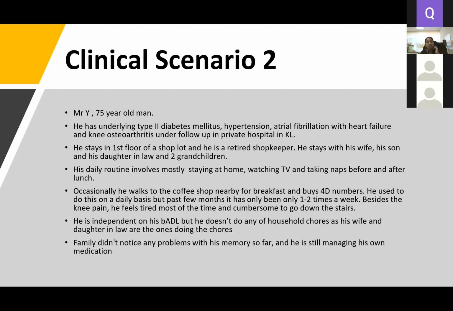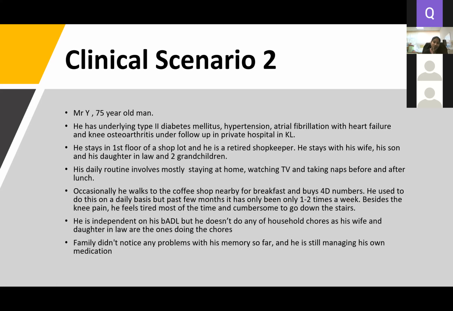Besides the knee pain, he feels tired most of the time, and it's quite cumbersome for him to go down. He's independent in his BADL, but he doesn't do any household chores, as his wife and daughter-in-law are the ones doing the chores. Family didn't notice any problem in his memory so far otherwise. So just take a few seconds to think about what this gentleman could be.